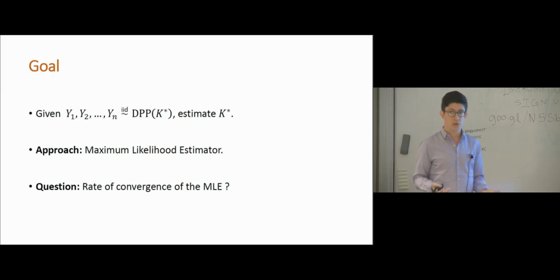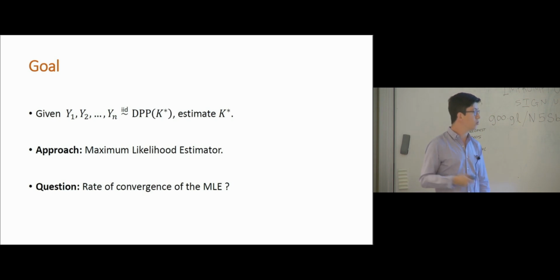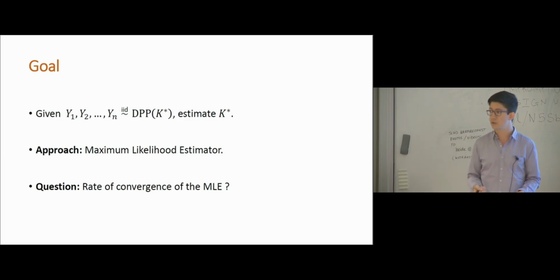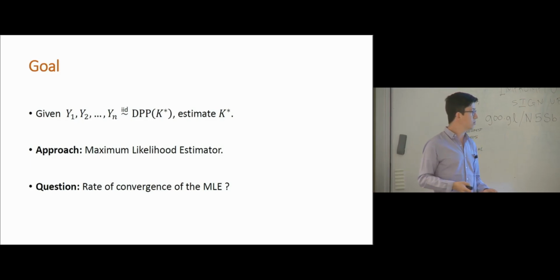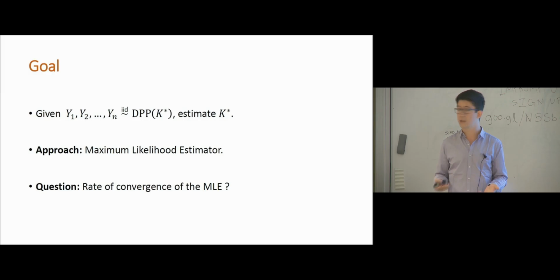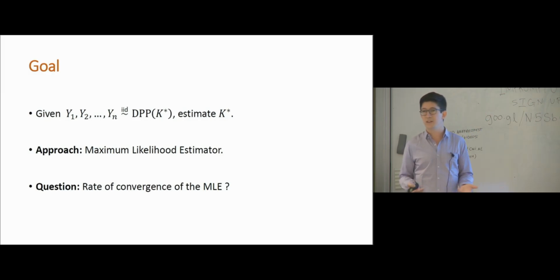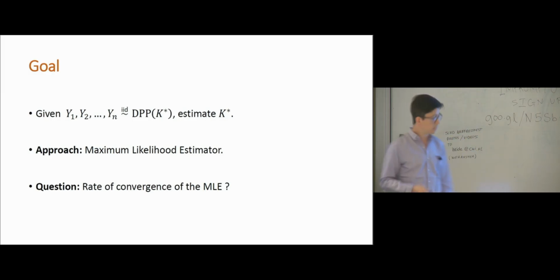Computationally, it's a very hard approach, and we address some issues in the paper. But here I'm going to talk about the rates of convergence of the MLE. Even if computationally it's a hard problem, theoretically it's interesting to study the MLE, first because it makes you learn about the structure of the model, and also because it gives you a benchmark of what you can hope to do statistically.